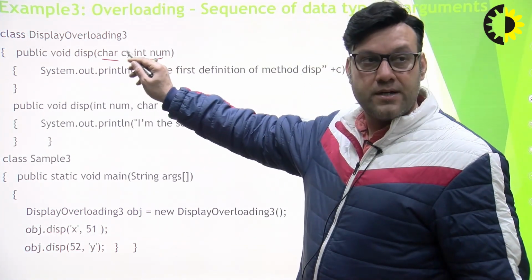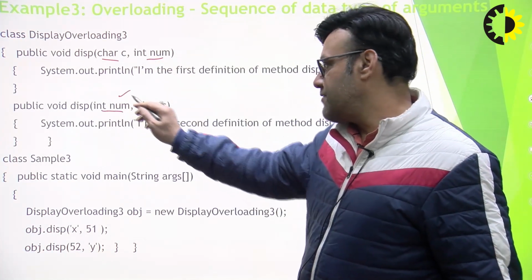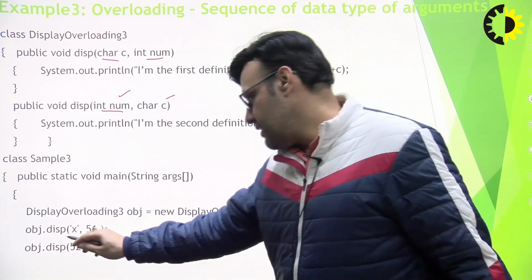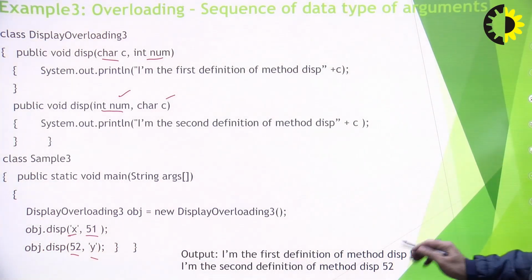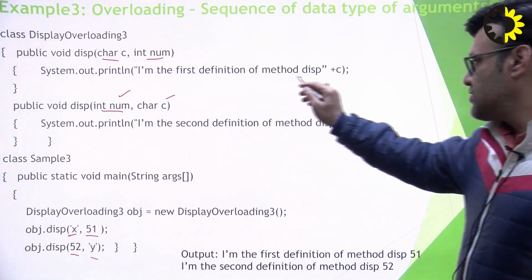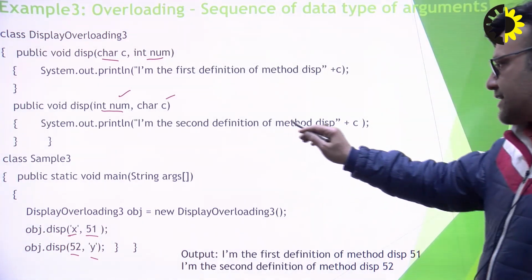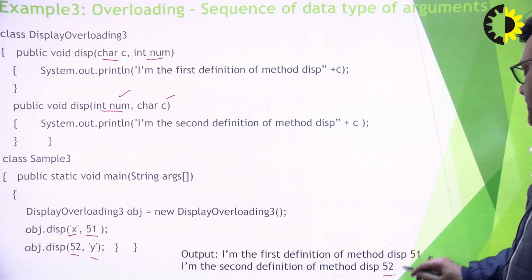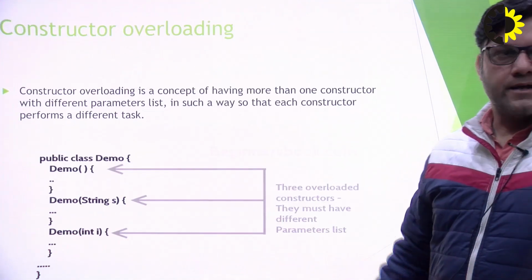Firstly, I have used a character type parameter and secondly an integer type, and again here integer type firstly and secondly character, with C, X and 51, 52 and Y. And this will be printed. I am the first definition of method disp, this will be printed. Then I am the second definition of method disp 52. Okay, this is how we can use it.